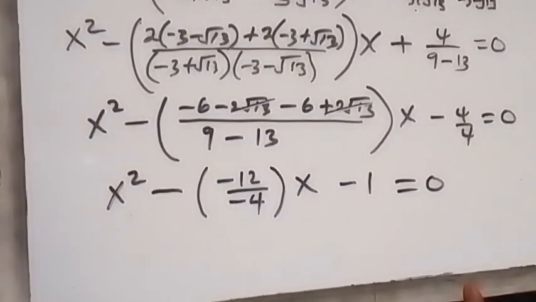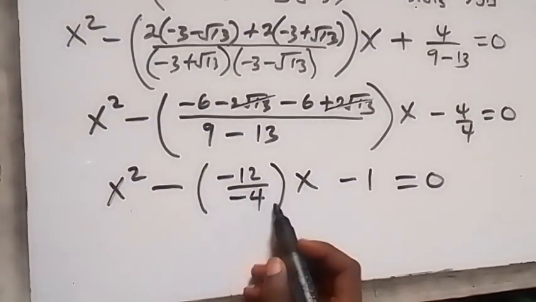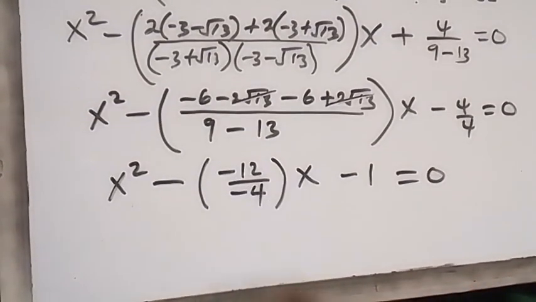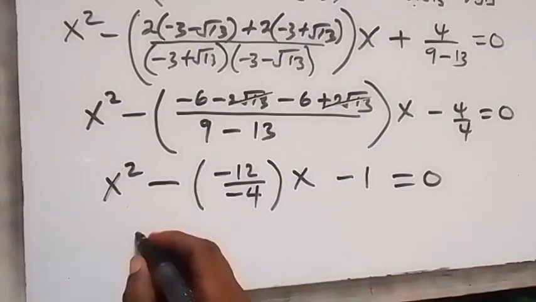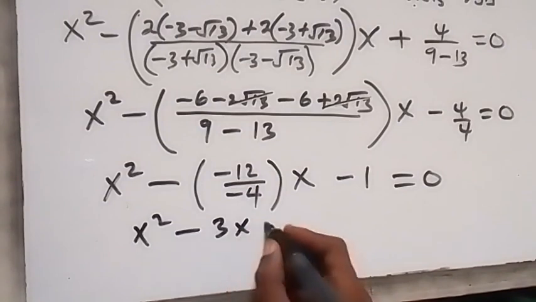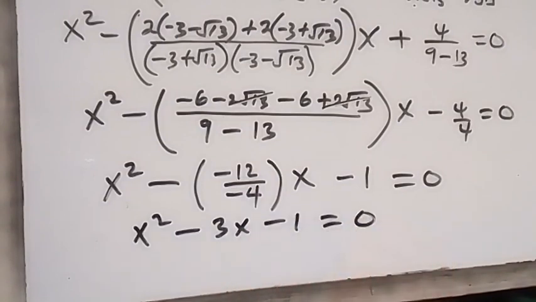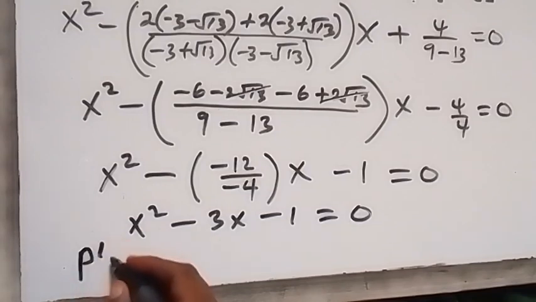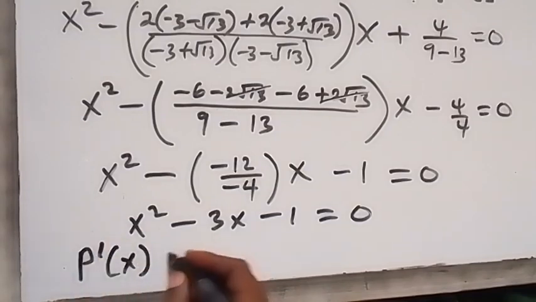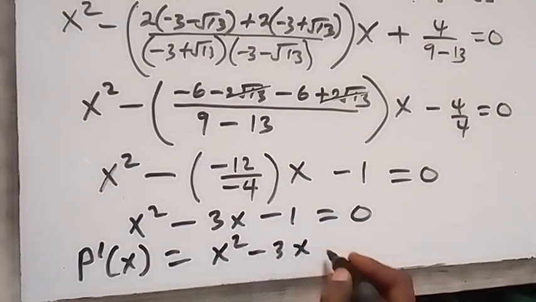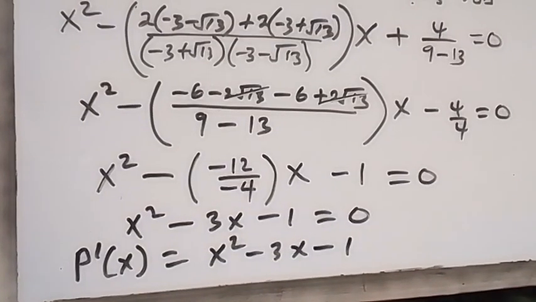And from here now we have minus 12 over minus 4. That will give us 3. That's plus 3. And we can then say that here we are going to have x squared minus 3x minus 1 equals 0. And therefore the polynomial that we are looking for, which is p prime of x, will now be equal to x squared minus 3x minus 1. So here we have the solution to the problem.